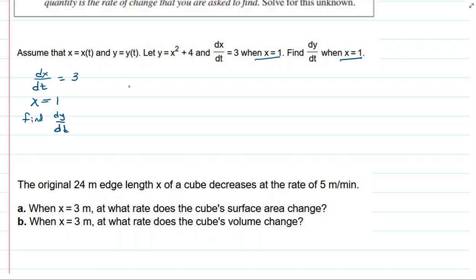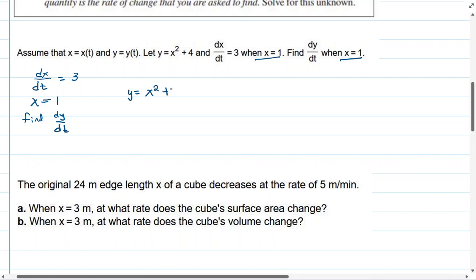So we're going to write our function. And we're going to take the derivative. And now we're going to substitute. That's going to give us the dy/dt, which is what we want.